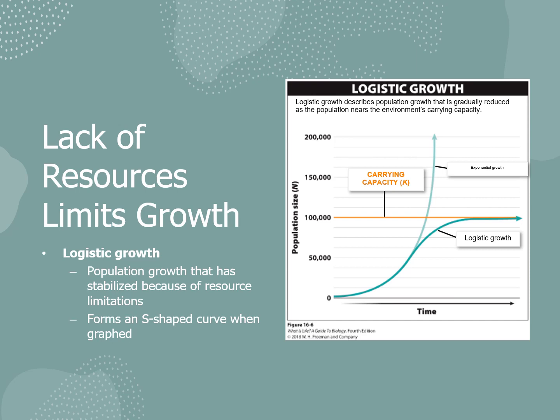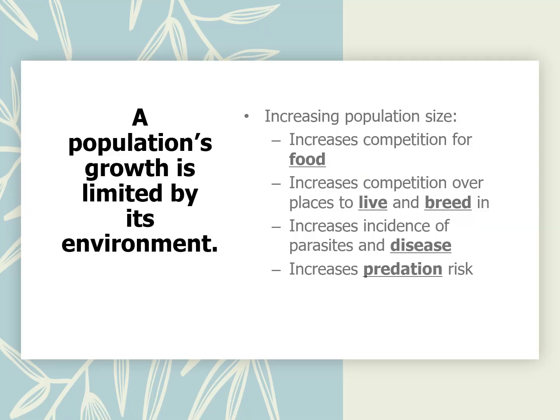So let's talk about what those limits include. As you can imagine, those limits are going to be what the environment has to offer, as well as a handful of other things. Primarily we're talking about food and food competition, as well as potentially water. Water might also be in that area of competition, as well as an increase in competition over places to live.